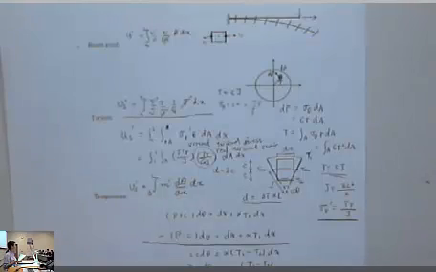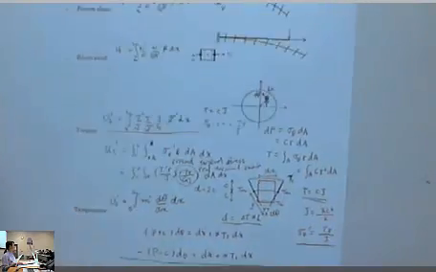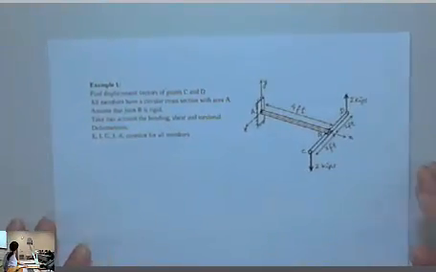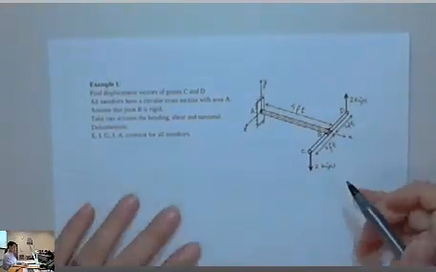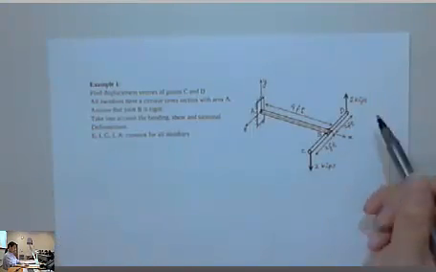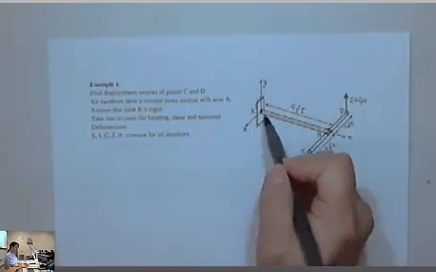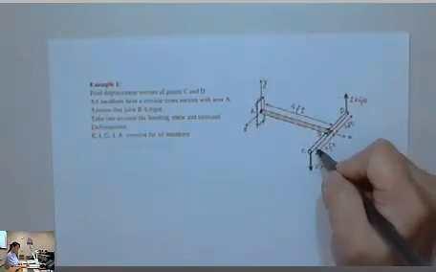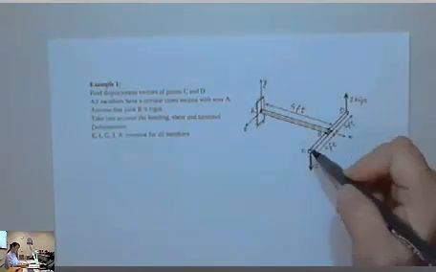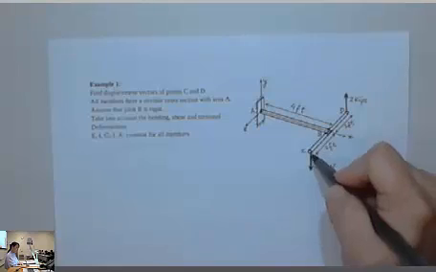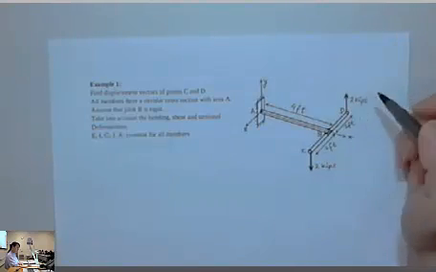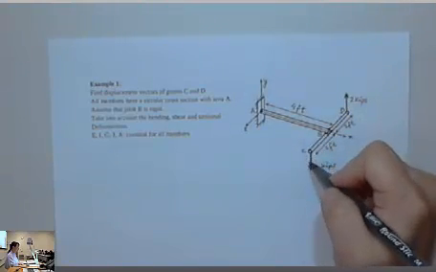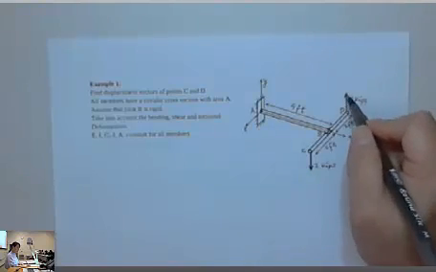So you all get that? Okay. So now let's look at an example here. So here is this beam. It's a T-shaped beam and subjected to two equal loads in an opposite direction at these two endpoints.